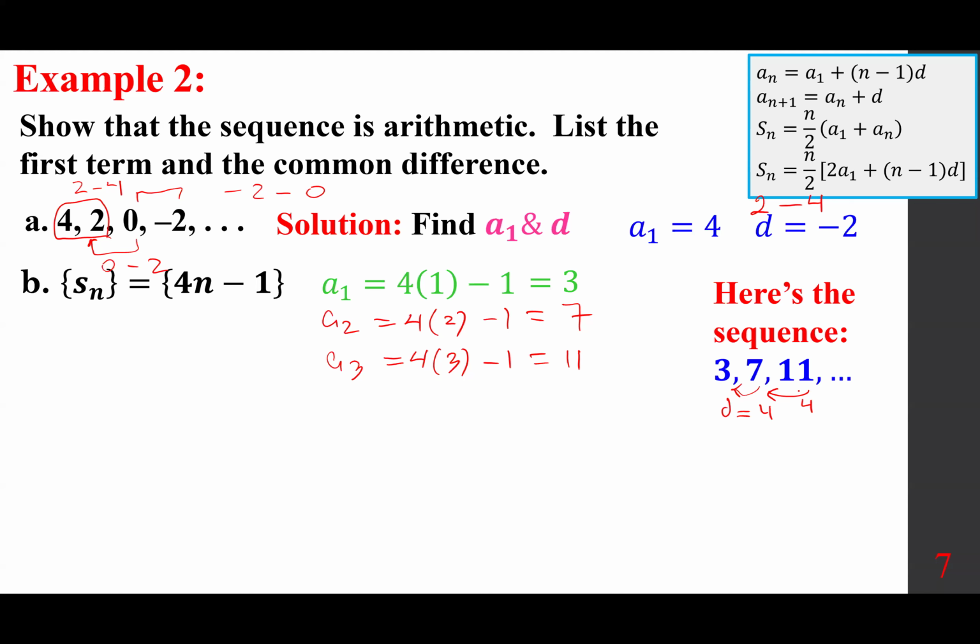We can also look at S sub n minus S sub n minus 1, a general form of that, to see what we end up with.